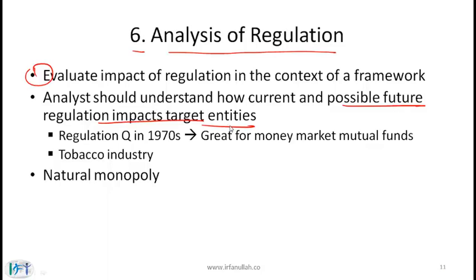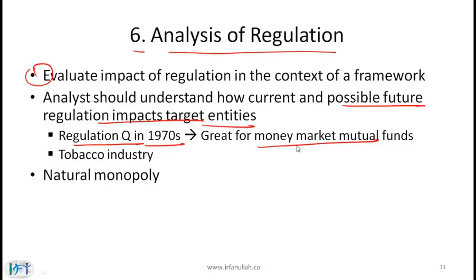So, for example, if you are an analyst in the 1970s and you are evaluating the mutual funds market, when Regulation Q was enacted in the 1970s, which put limits on the amount of interest that banks could pay depositors, then a lot of money moved into the money market mutual funds.